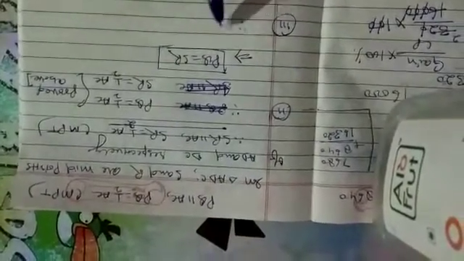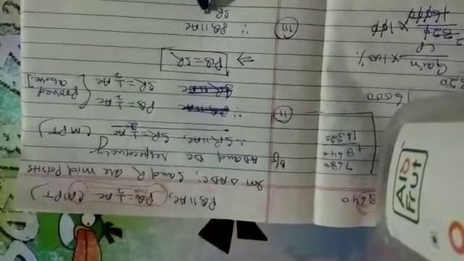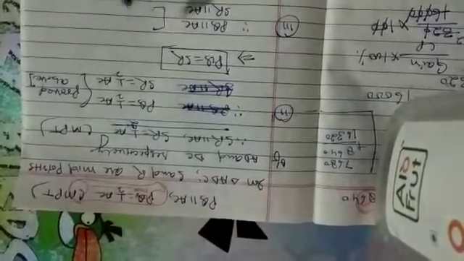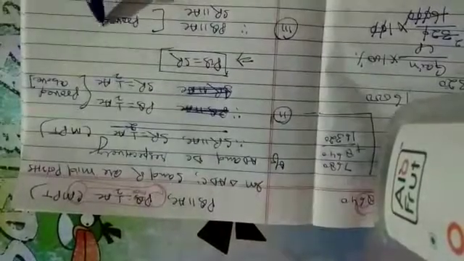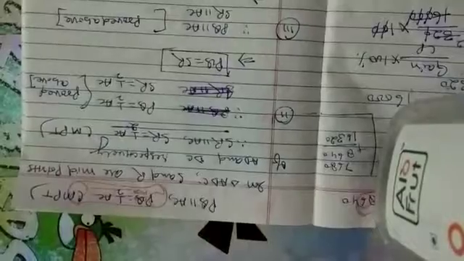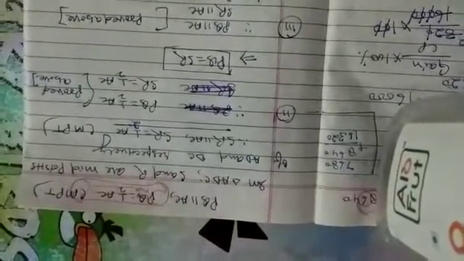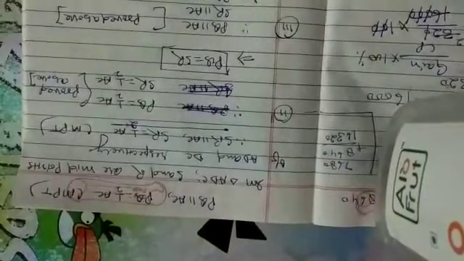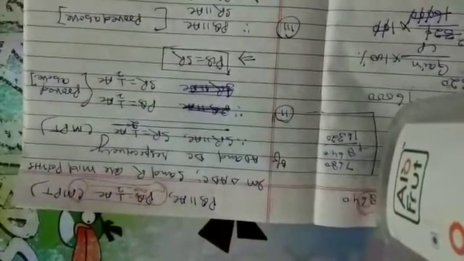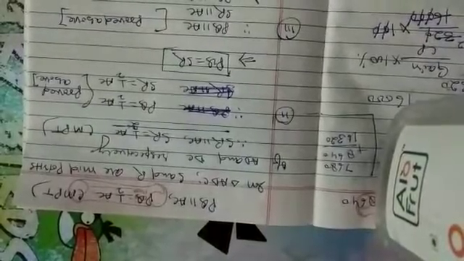Now in the third part, since PQ is parallel to AC and SR is parallel to AC, this is proved above. So we can say PQ is parallel to SR. Okay, and PQ is equal to SR. We proved above.